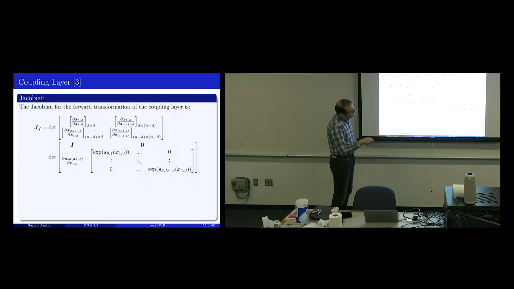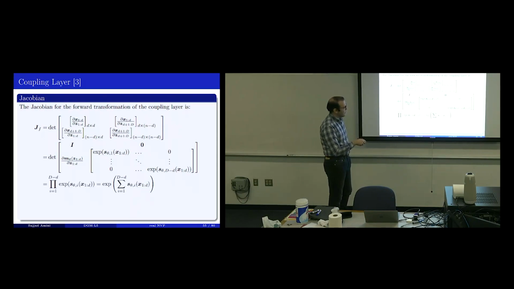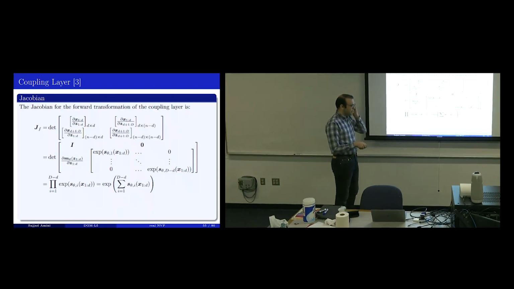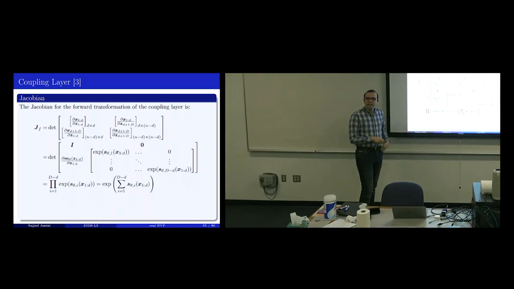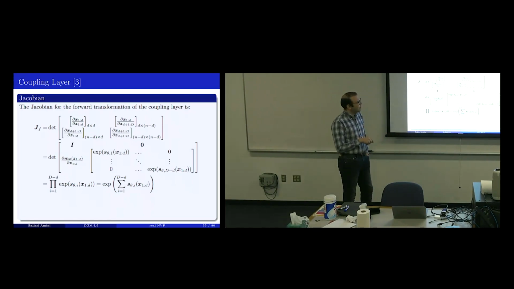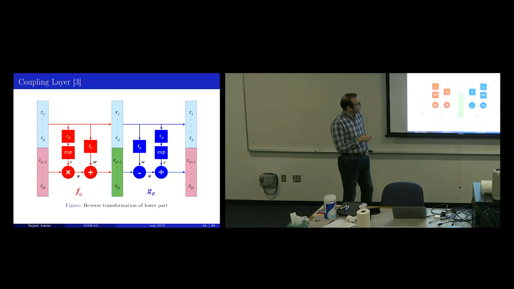So we just have the multiplication of the diagonal elements in this block, which can be easily written as this formulation. We have the multiplication of the exponent, so we have the exponent of this summation. And as you saw before, here we have 1 for the case of additive coupling layers, but here we have the exponent of the summation of these terms, which originates from this multiplication.